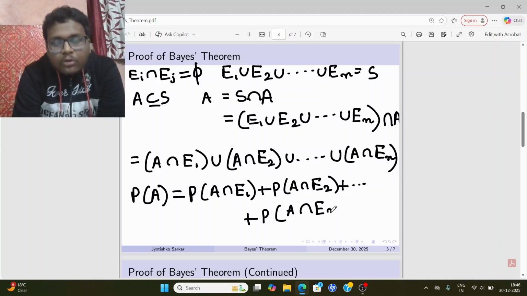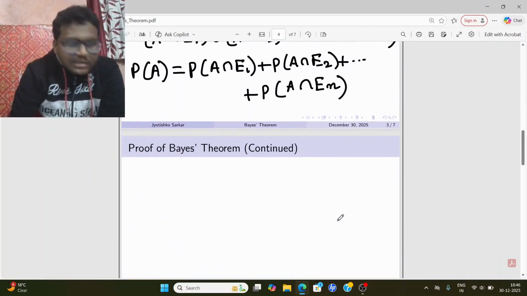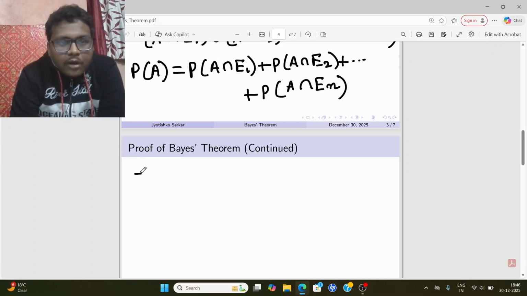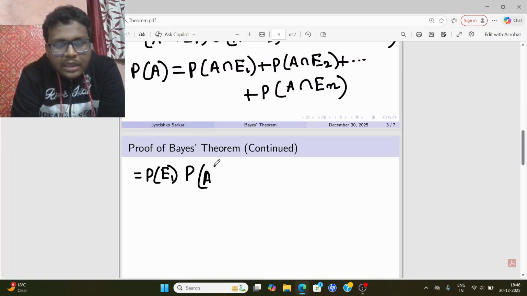Now by the definition of conditional probability, I can write probability of A intersection E1 as probability of E1 into probability of A bar E1.